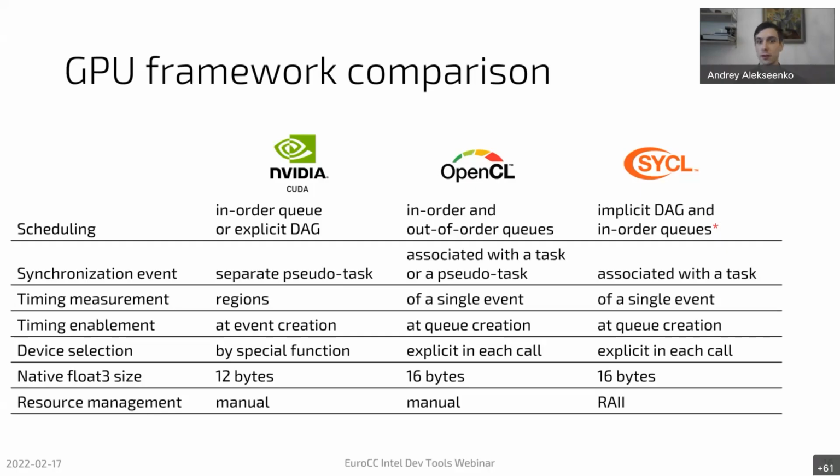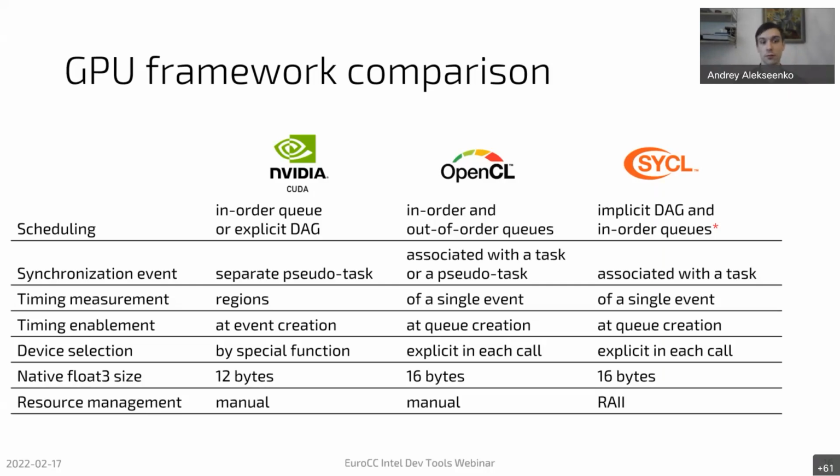Or you can insert a barrier, like in CUDA, which is a separate thing that lives in in-order queues and will get triggered whenever all the previously submitted work completes. Timing measurement in OpenCL is done on single events. You cannot measure a time between two barriers like you do in CUDA.